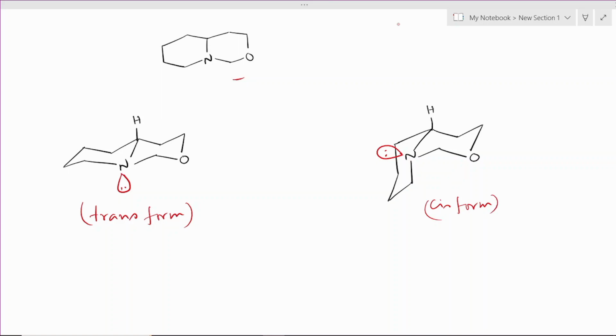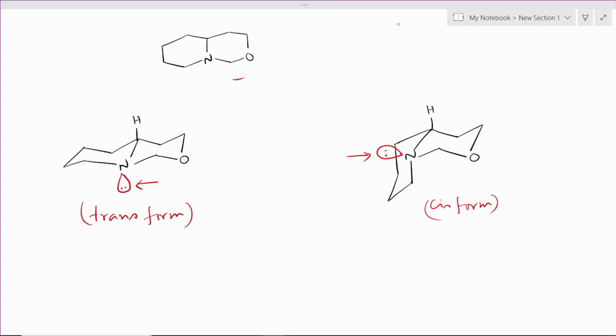Notice that in the trans form this lone pair of nitrogen is in axial position, and in the cis form this lone pair of nitrogen is in equatorial position. Now, which one is most stable between the trans and cis form? We will answer this by applying a special type of hyperconjugation where non-bonding electrons or lone pairs are involved in hyperconjugation.